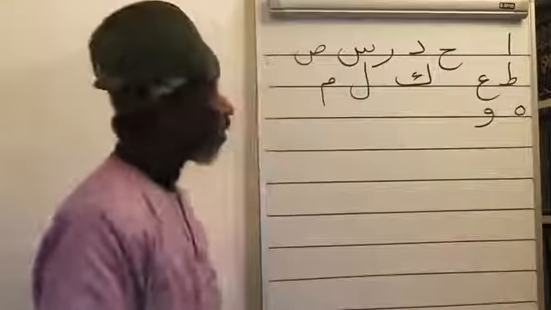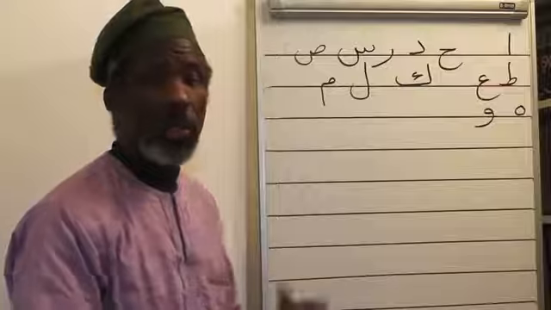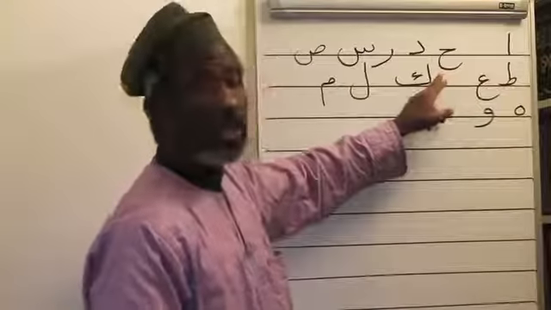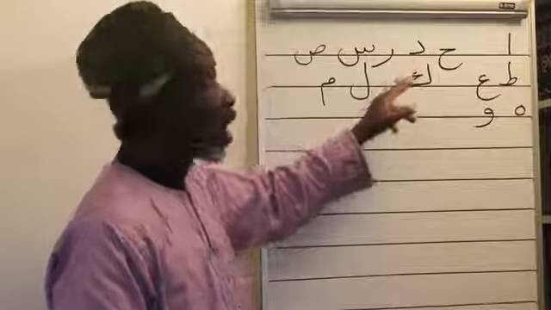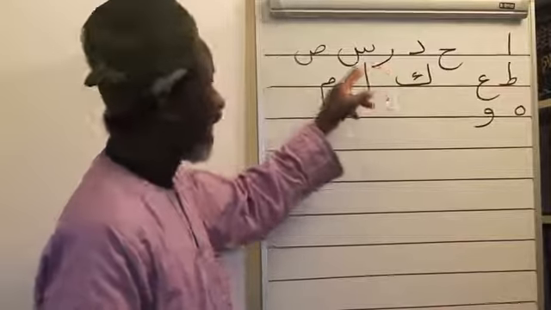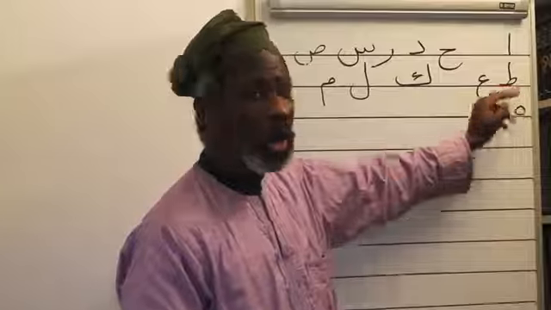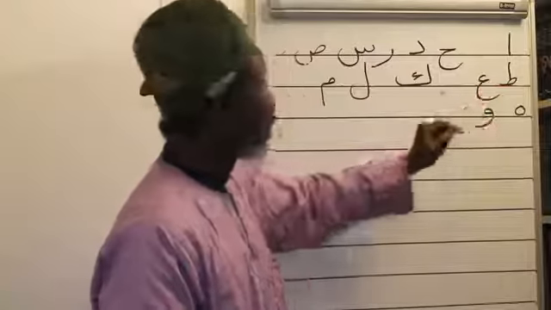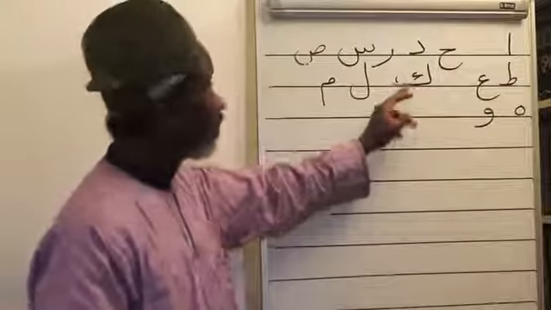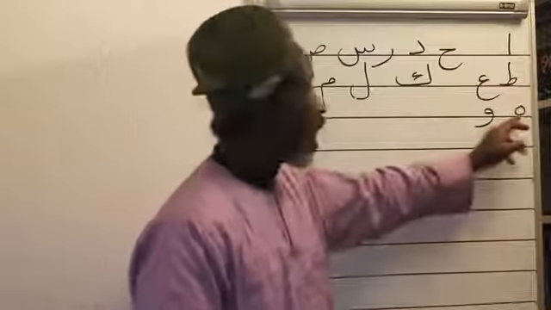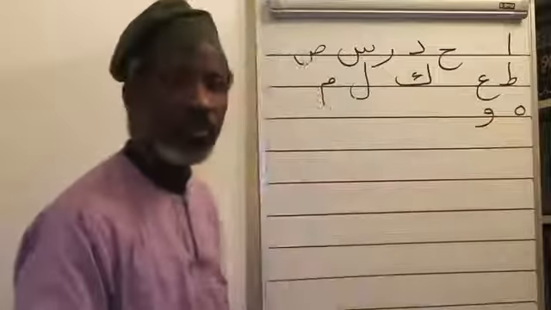So these are the ones that have no dots: alif, ha, dal, ra, sin, sad, ta, ain, kaf, lam, mim, ha, waw.